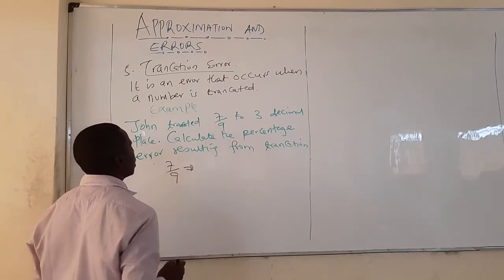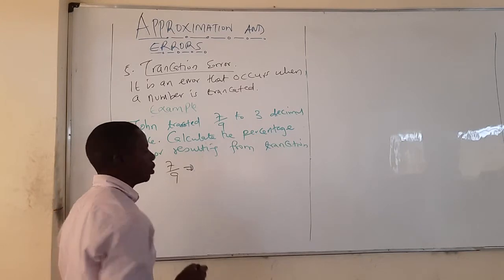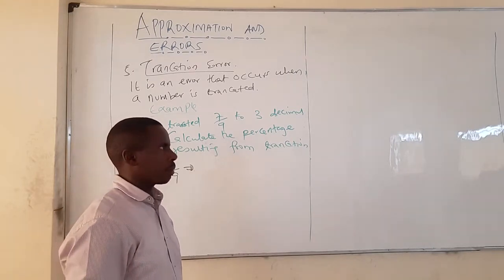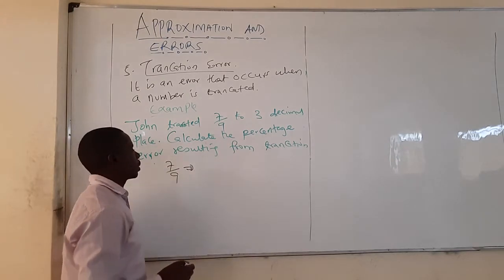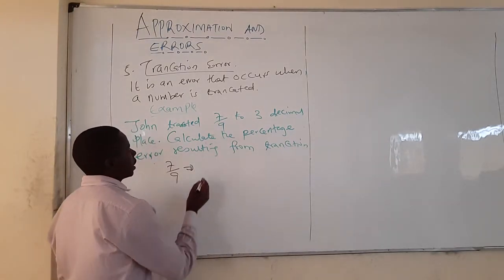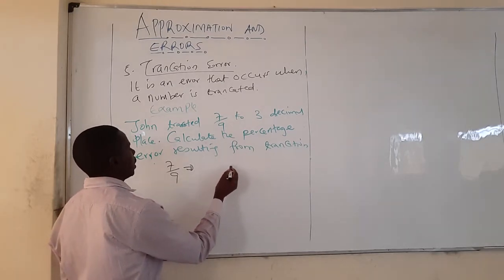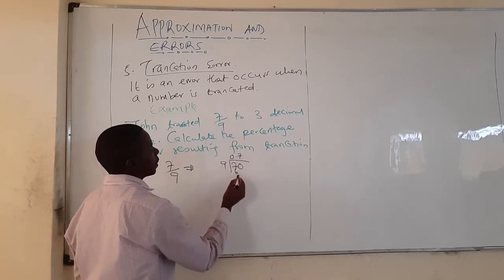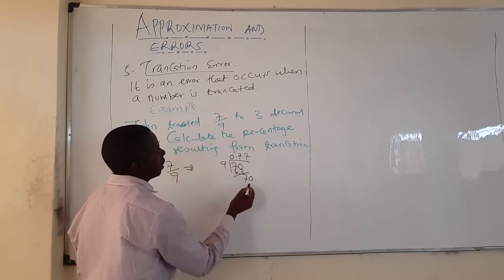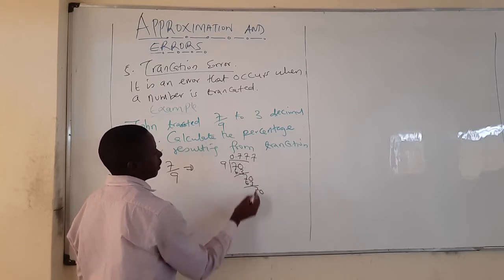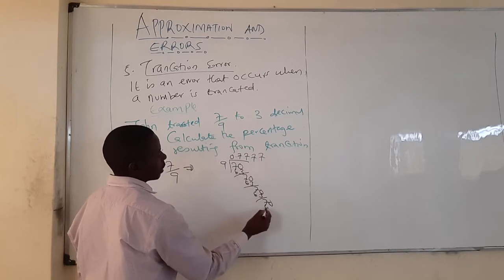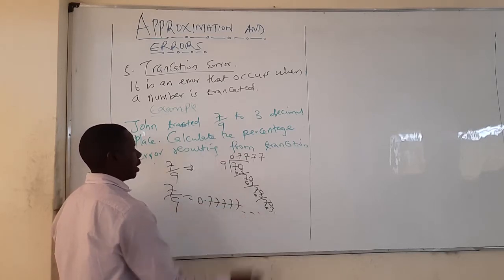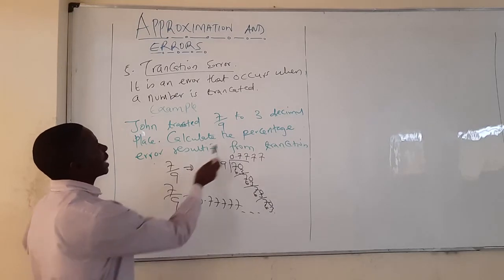So the first thing is to write this number in decimal form. 7/9 in decimal form, you get 7 divided by 9, and carrying out the long division, 7/9 is equal to 0.77777 recurring. But this number is truncated to 3 decimal places.